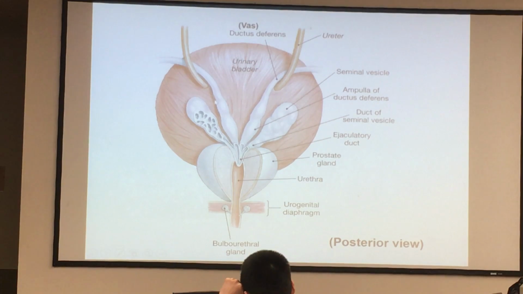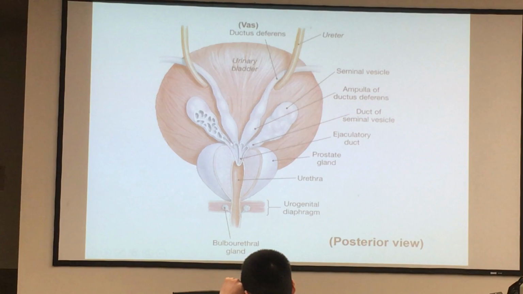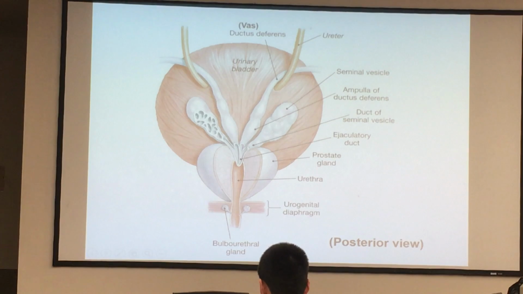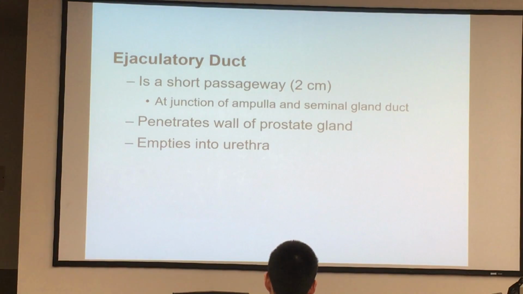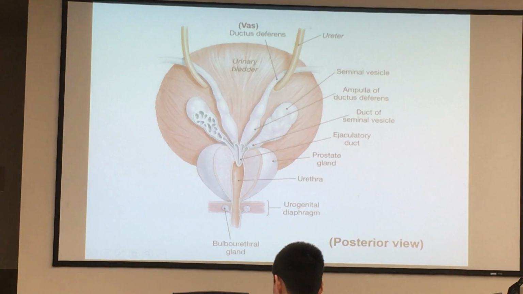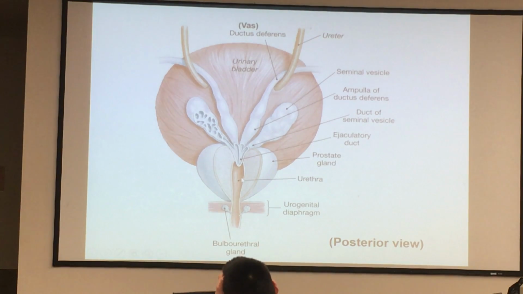Okay, now take one more look here. That is the seminal vesicle, another chamber, with fructose and fibrinogen, mixed with the sperm. The sperm can get the energy. All right, and then it goes to the duct we call the ejaculatory duct, only 2 centimeters. It will open to the middle of the prostate, a very short distance, right side, left side, to here.